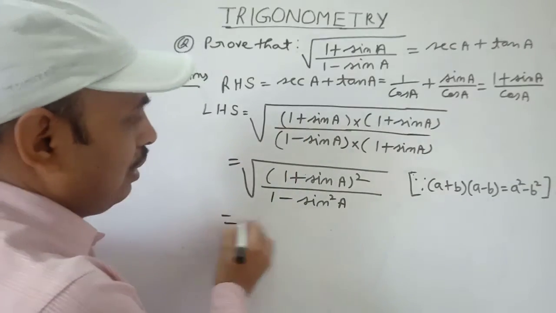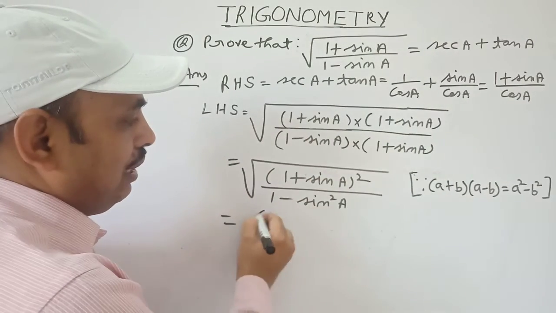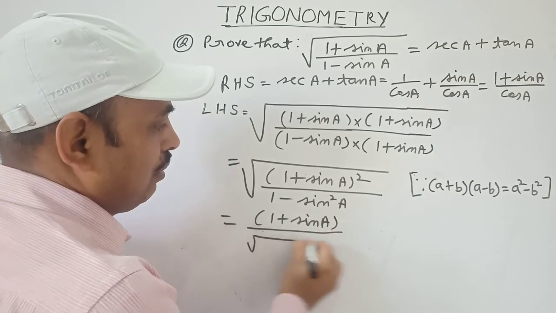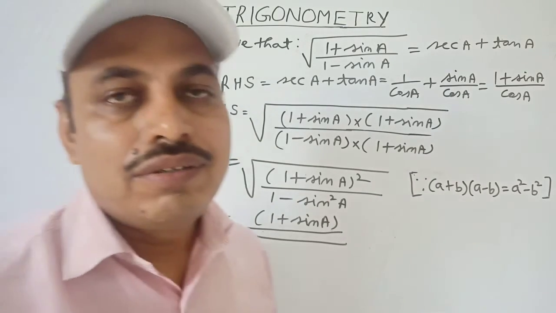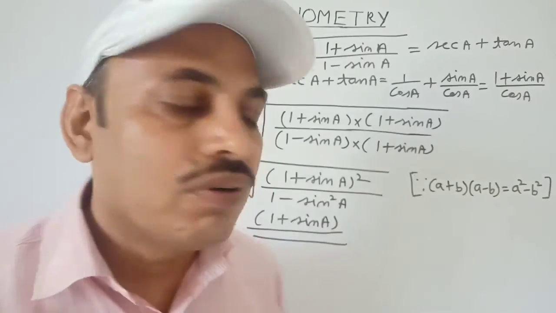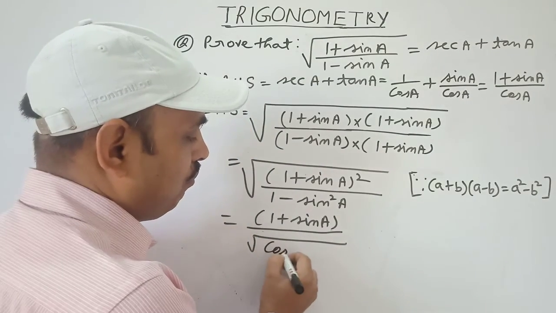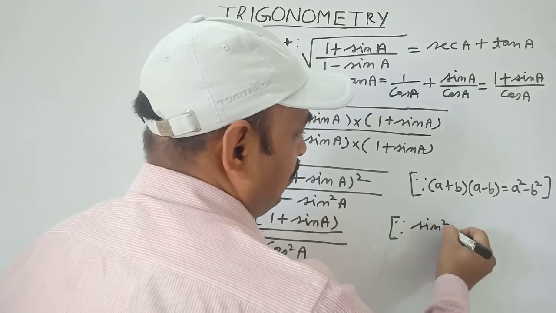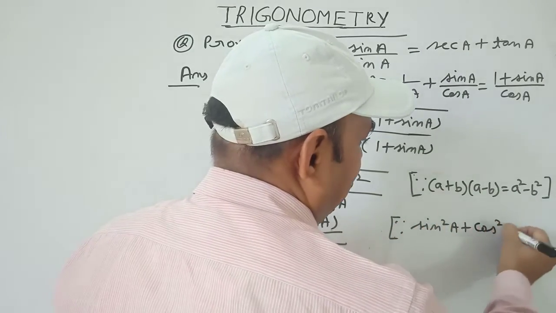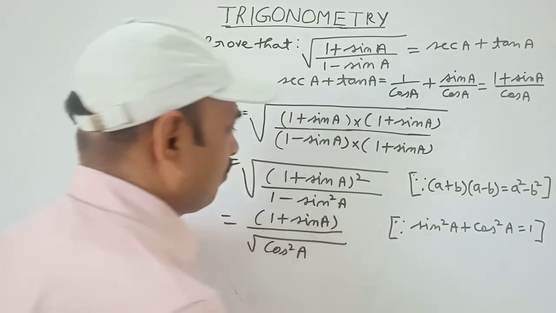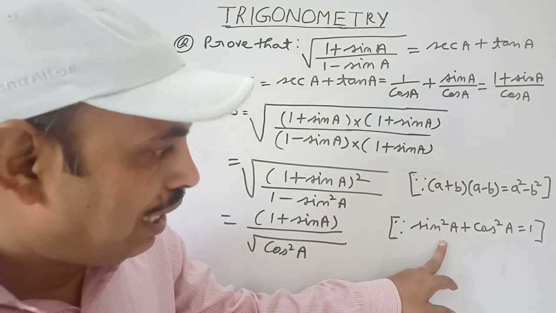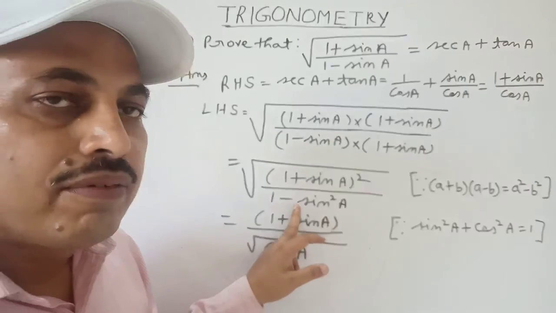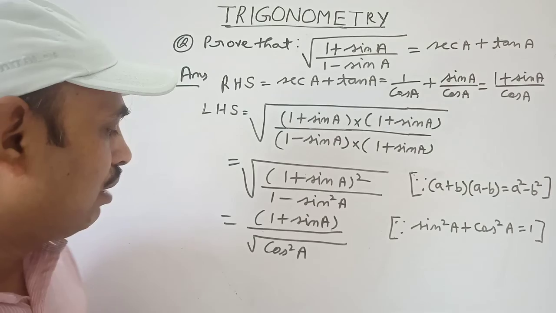Now the square root of (1 plus sin A) whole square is 1 plus sin A. What is 1 minus sin square A? 1 minus sin square A is cos square A. Why? Because sin square A plus cos square A equals 1. From this identity, 1 minus sin square A equals cos square A.